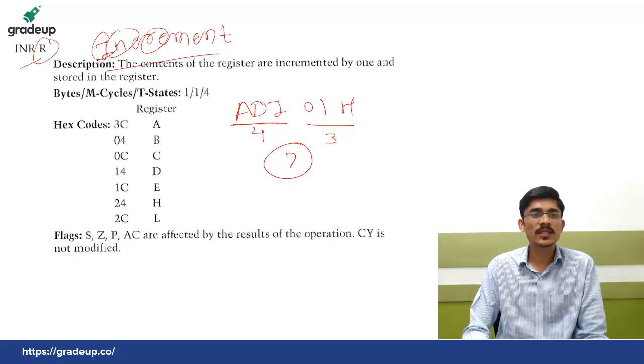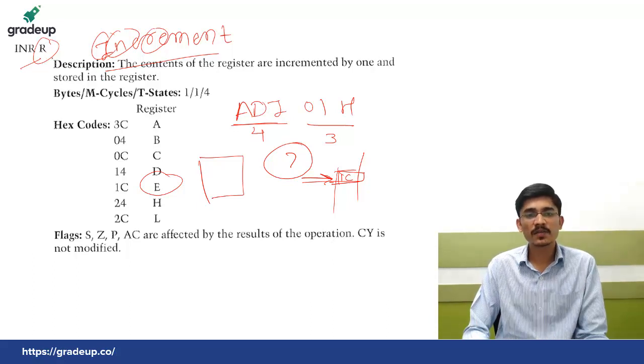Another instruction to do this is INR R. Here the corresponding hex codes are there. It will be stored in the memory as, suppose, 1C. So it will increment the content of the E register. First the opcode fetch will happen, and it will understand after 1C that it has to increment the content of the register E by 1.